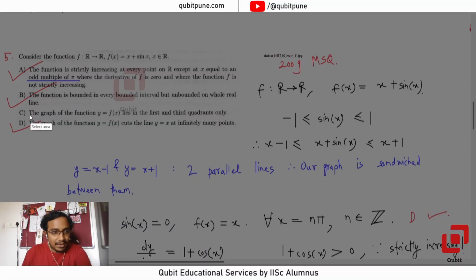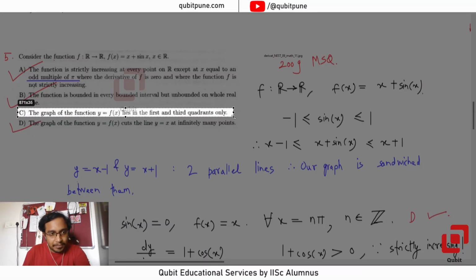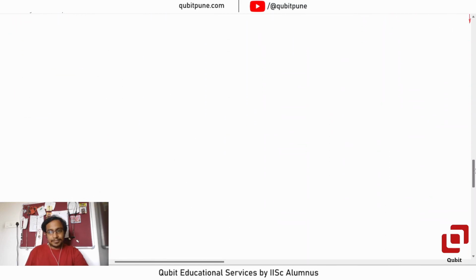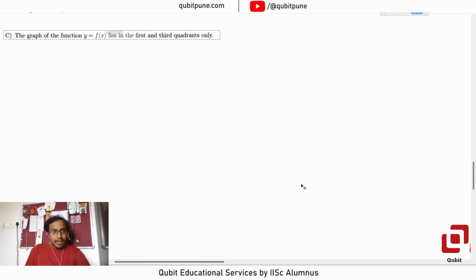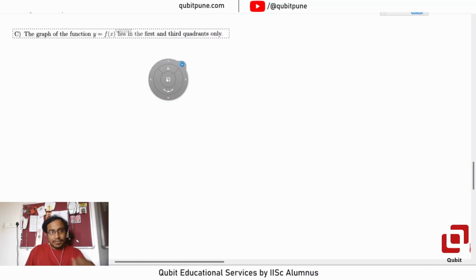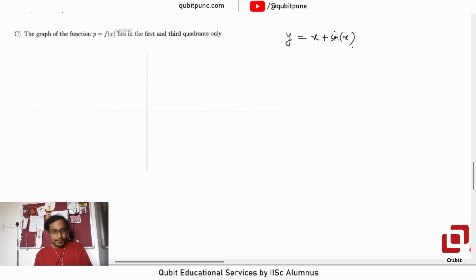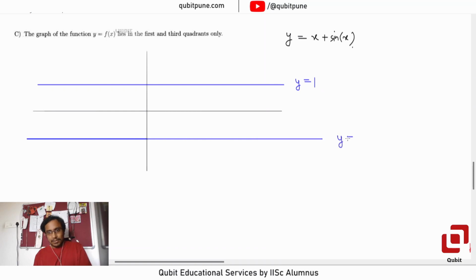Now this is something that we need to look at. The graph of y equal to f of x lies in the first and third quadrants only. See, this is y equal to 1 and this is y equal to negative 1.